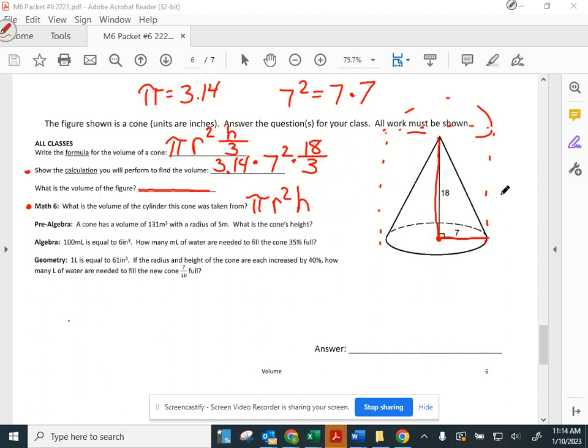We're not dividing it by 3 because that cylinder is the big piece. We divided it by 3 when we took the cone out. So when we don't take the cone out, it is just times h. And that answer you're going to put right here. So you're going to do the math and put the answer on the line.